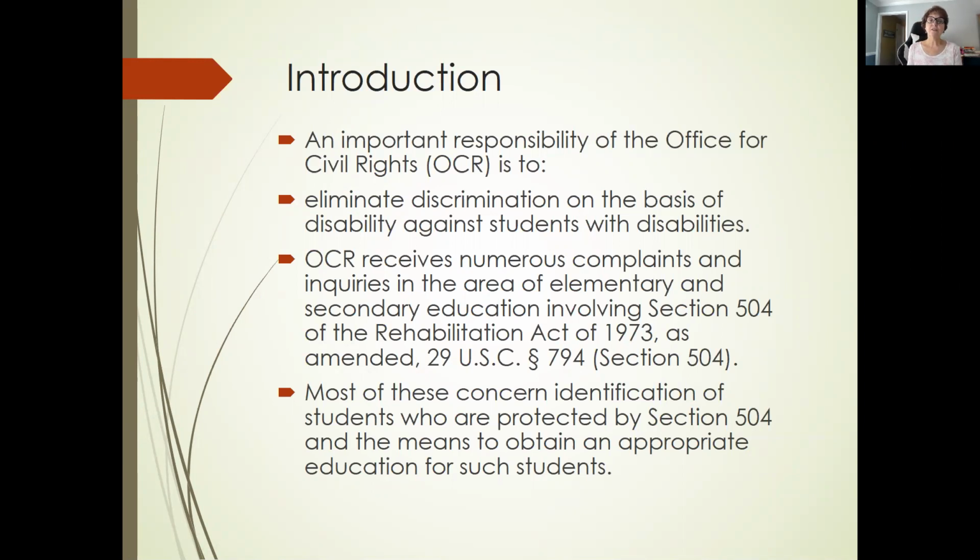So the OCR, the Office of Civil Rights, receives numerous complaints and inquiries in the area of elementary and secondary education involving Section 504 of the Rehabilitation Act. So as a teacher, you are going to hear the child has a 504, and that means that they have been given these protections under Section 504 of the Rehabilitation Act of 1973.